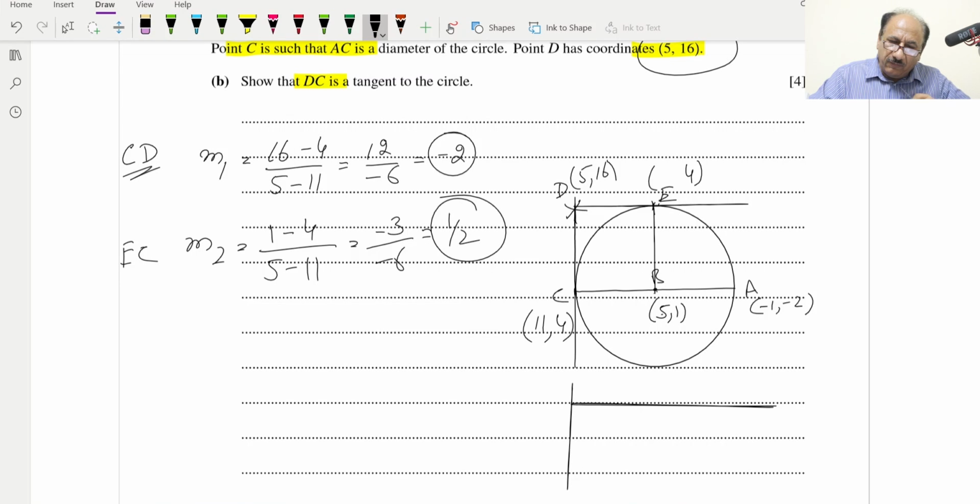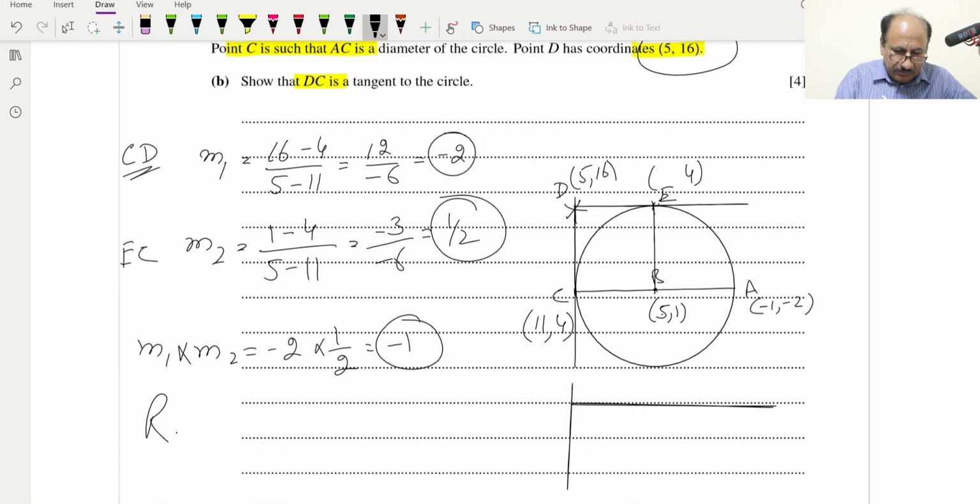For that we will take the gradients m1 times m2, which is minus 2 times 1 by 2, and both gradients result in minus 1. So radius BC is perpendicular to DC.